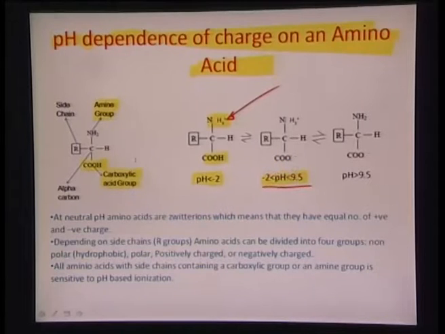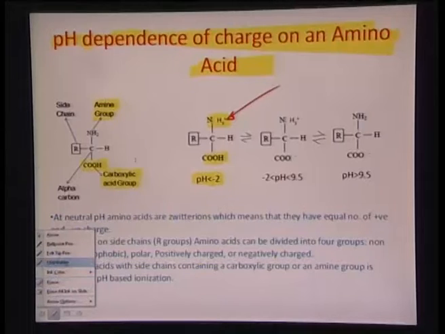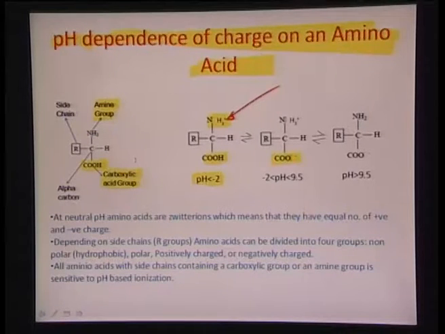reasonably high basicity. In this particular pH range, there is a tendency of the carboxylic group to deprotonate. Because there is an excess of OH minus concentration, the COOH here tends to lose its hydrogen and get converted into COO minus, as you can see here.